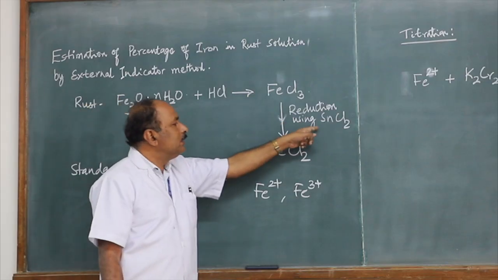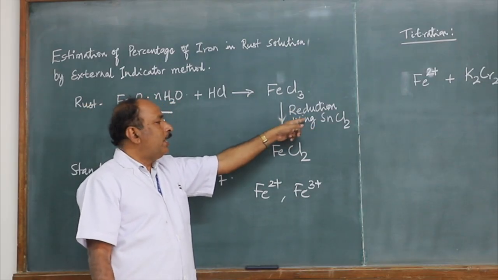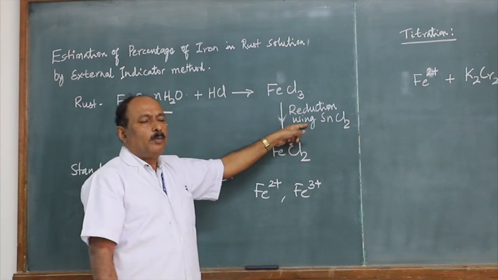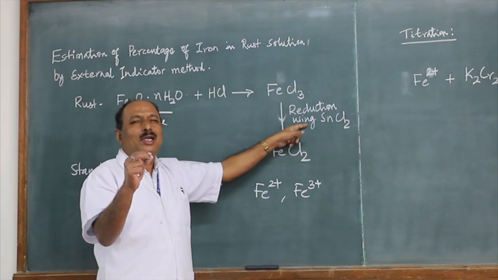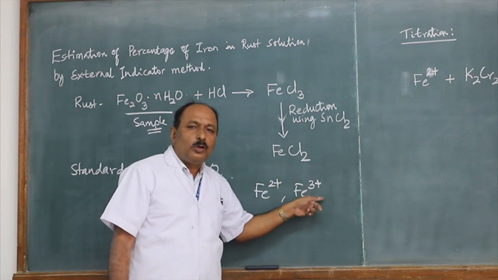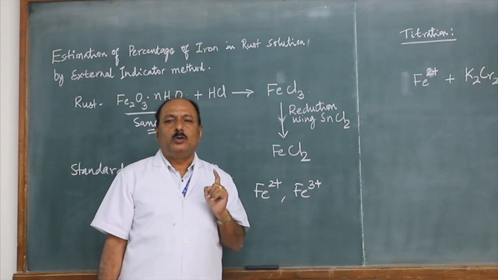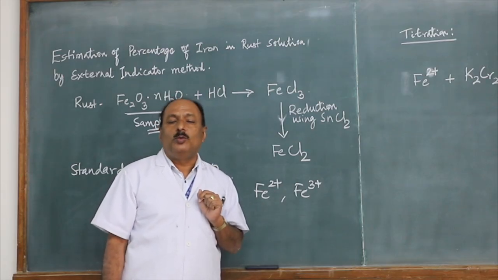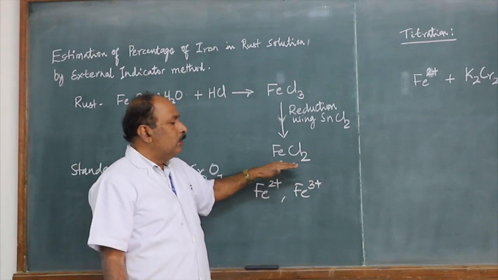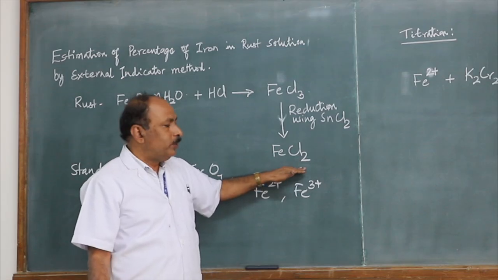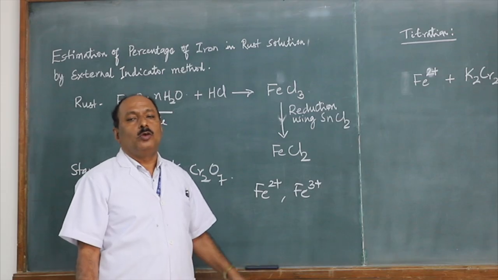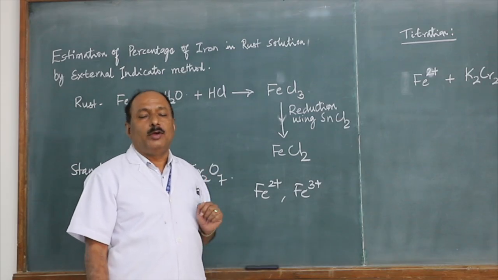Therefore, after adding stannous chloride to completely reduce ferric ions, add only 1 drop or a maximum of 2 drops of excess stannous chloride. And before adding mercuric chloride, take care that the solution is cooled to room temperature. Anyhow, you will see that while doing the demonstration. After cooling sufficiently, once the solution is sufficiently cold, add mercuric chloride at once so that you get a silky white precipitate.